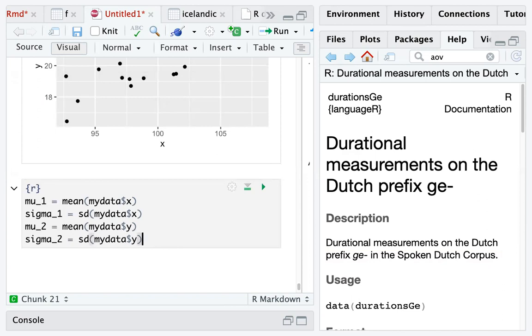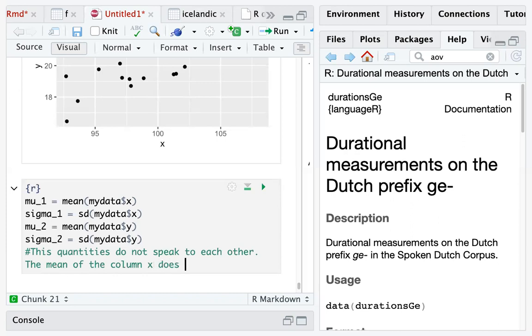Okay, these quantities do not speak to each other. The mean of the column x does not depend on the column y, of course.